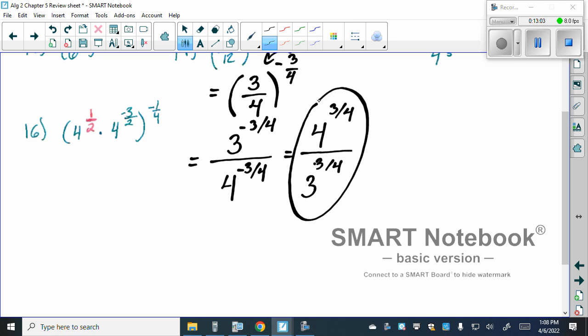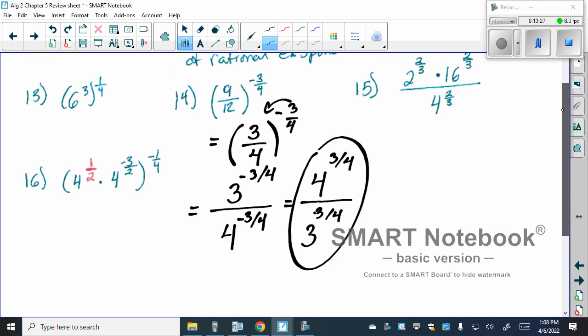Because when we have like bases, so 4 over 4 to the second, we subtract the exponents. So it would be 4 to the 1 minus 2, because when I'm bringing it up, it's making that 2 negative if we were to add it. So we can switch them there.